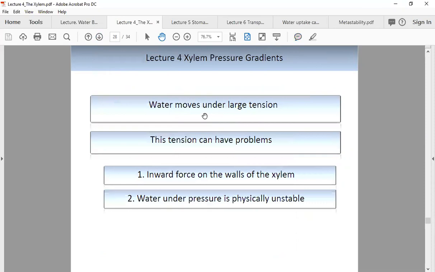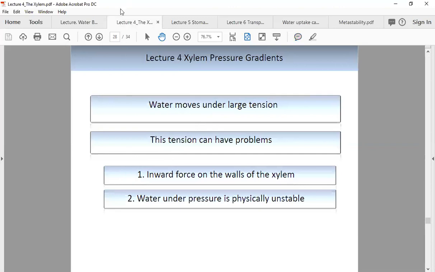We're already familiar with the concept that water moves under a large hydrostatic tension through the xylem. We've talked about that last year and also in this subject. We've also mentioned the problems that can be associated with this tension. Firstly, that negative pressure in the xylem imposes an inward force on the walls of the xylem.